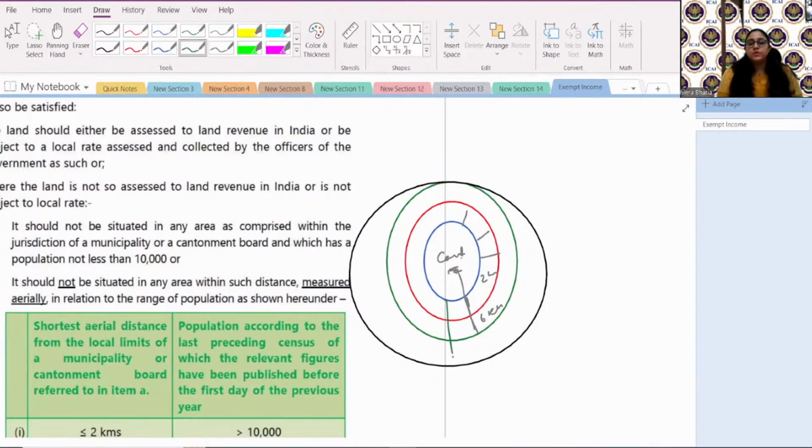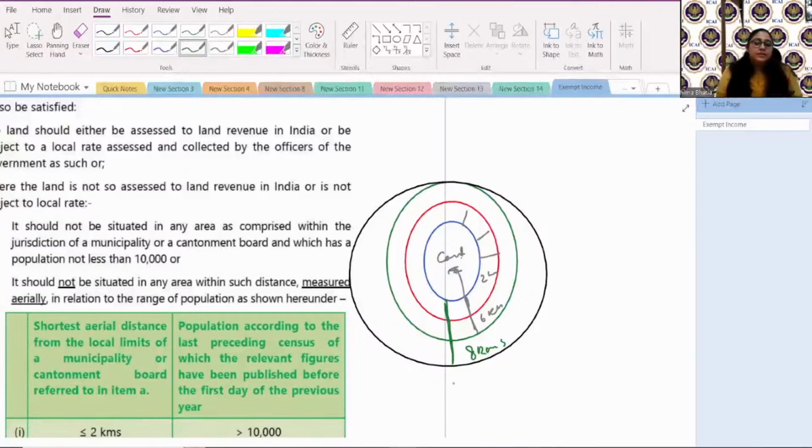The land which is situated within the 8 kilometers range would also qualify to be your agricultural land, a farm building within that agricultural land would qualify, and the income from that farm building would be your agricultural income.